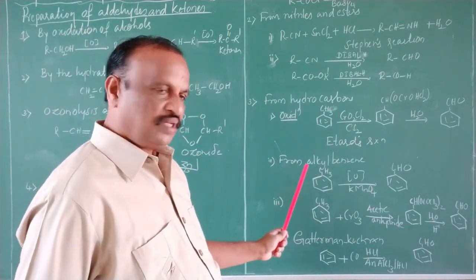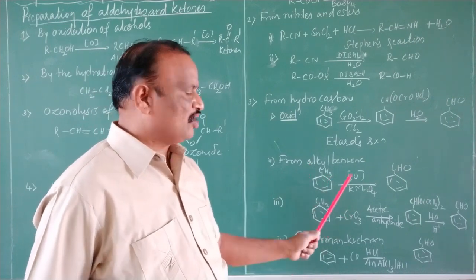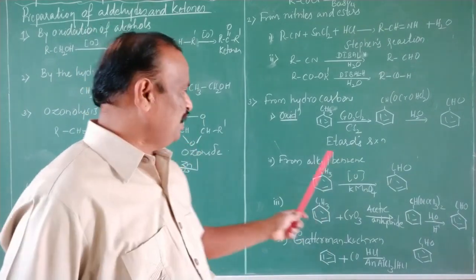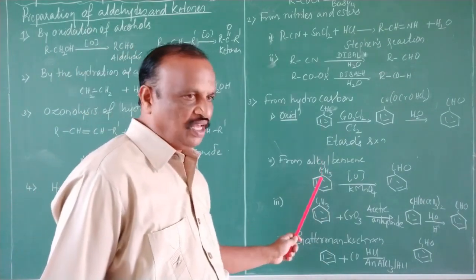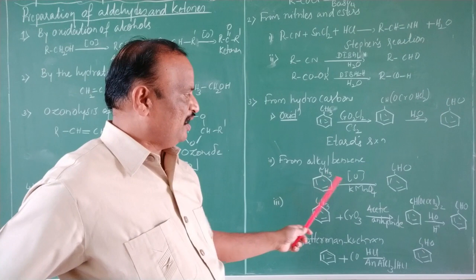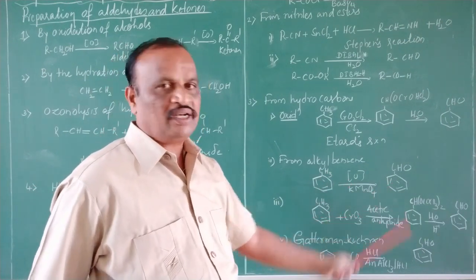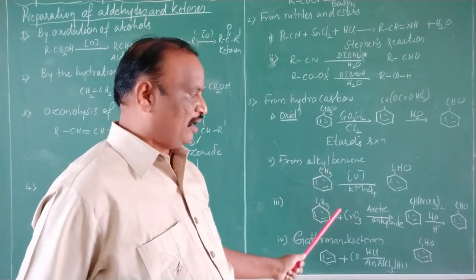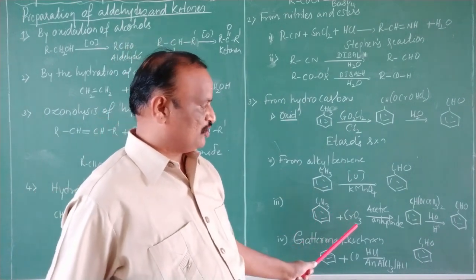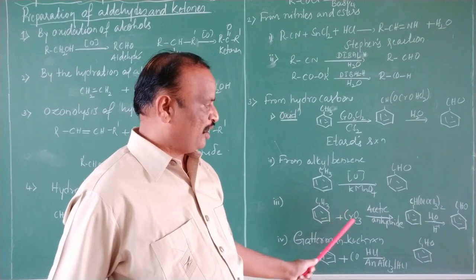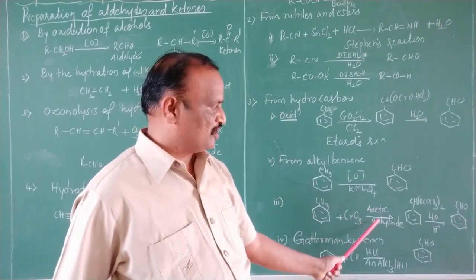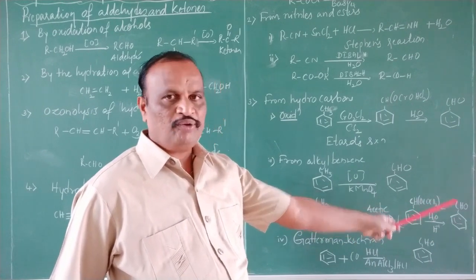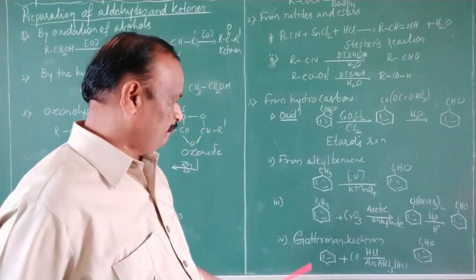Another one is from alkyl benzene on oxidation with KMnO4. Whether it is methyl benzene, ethyl benzene or propyl benzene, on oxidation you are going to get benzaldehyde. The third method is from alkyl benzene when treated with chromic anhydride, chromic oxide, in the presence of acetic anhydride followed by hydrolysis in the acidic medium, you will be getting benzaldehyde.